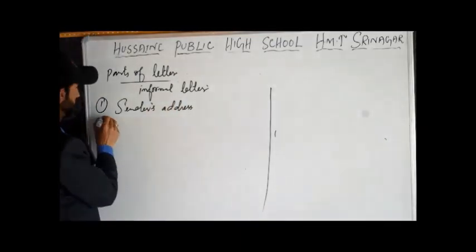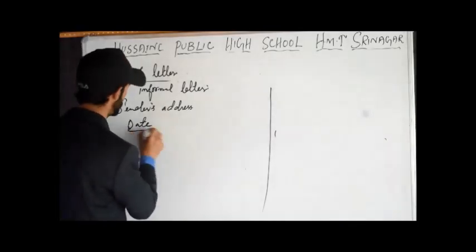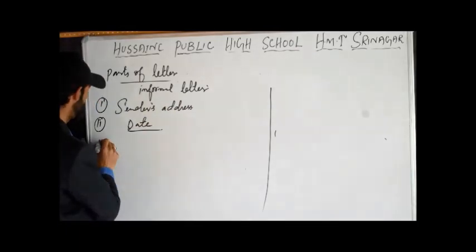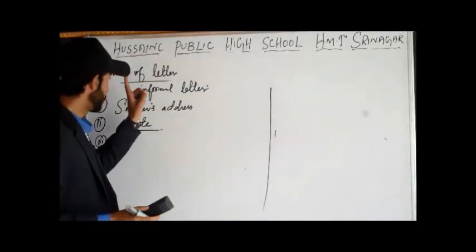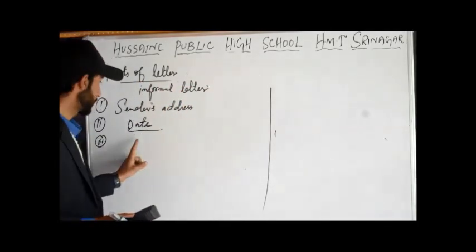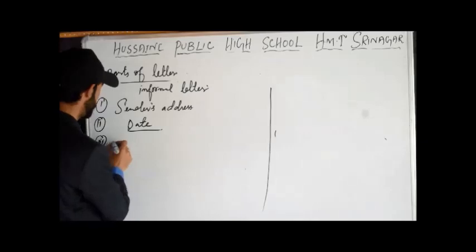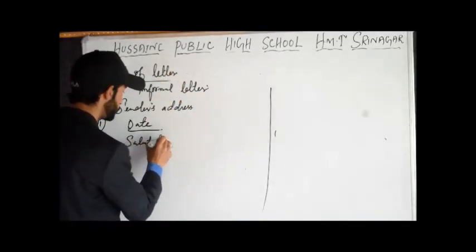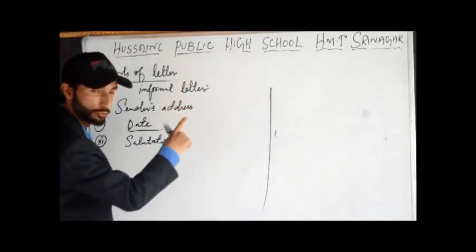Second, date, as we have in a formal letter, very important. Third, in a formal letter we have the receiver's address, but in an informal letter we don't write the receiver's address. Then we come directly to salutation. We don't have subject, and we don't write receiver's address in an informal letter.